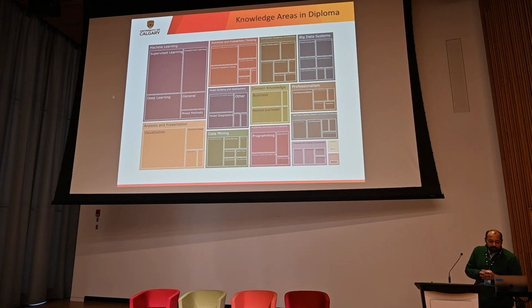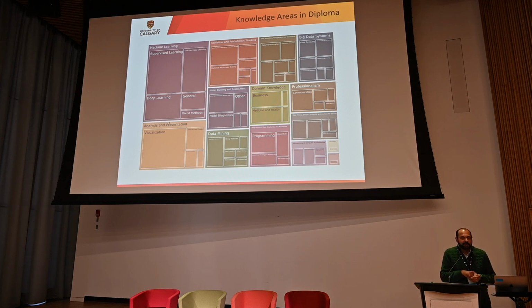As you can see, we have topics in machine learning, analysis and presentations, which covers visualizations, interactions, and dashboards, and then data acquisition, governance and management, of course basic computational skills, so programming and data management, and also professional skills like communication and professionalism.